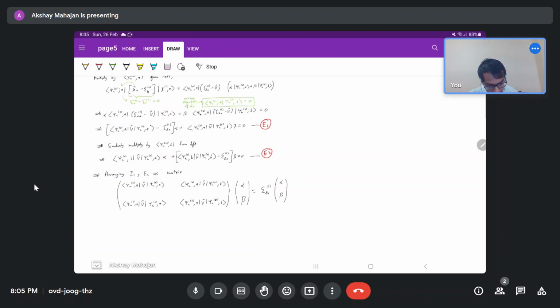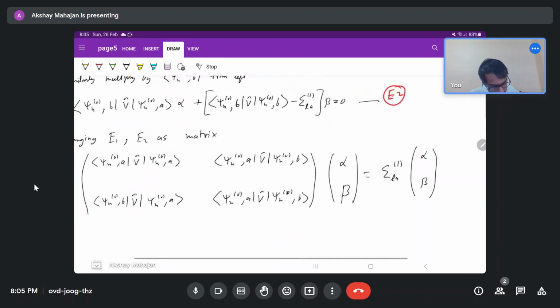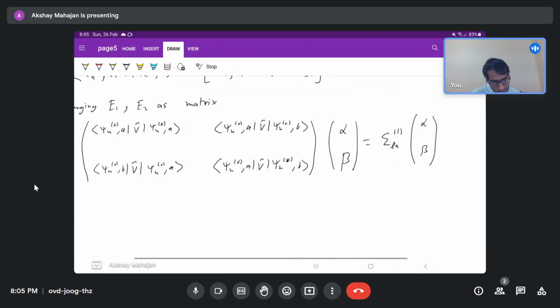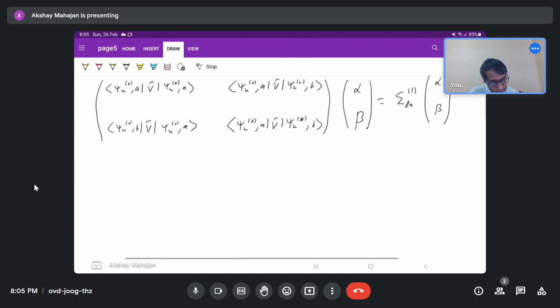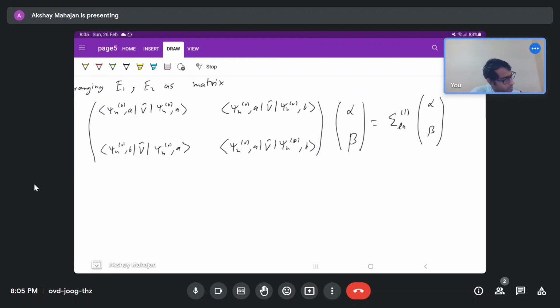All right. So we have just written this. Now basically we have expressed our V cap in our degenerate space, and that is what we did in the lecture for the 4-fold degenerate space as well. So this is the similar kind of equation that we obtain.